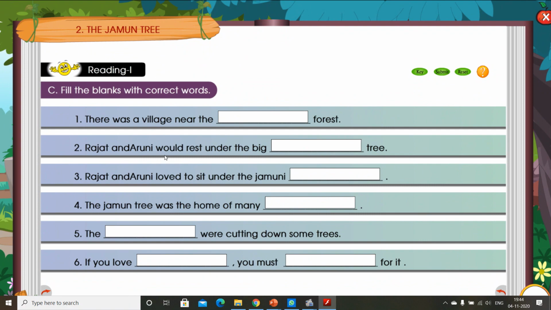Rajat and Aruni would rest under the big... What tree? The Jamuni tree, isn't it? Panchavati. Next.